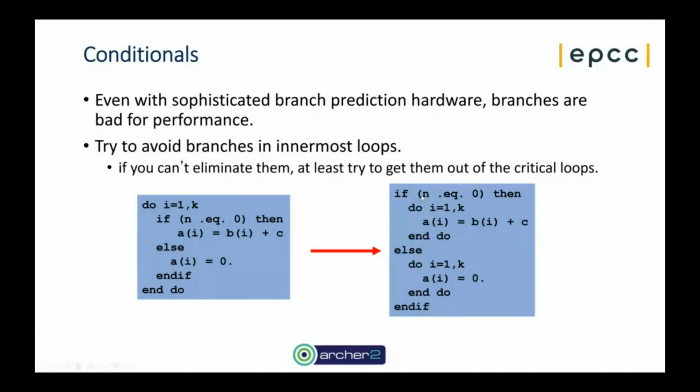But actually, if I duplicate the loop and pull this if statement outside the loop, then I only have to do this if statement once, and then the loop can run quite nicely. Of course, this is a pretty simple example, but that's the kind of idea you can do there, to try and move the conditionals. Now, compilers can do a little bit of this for you, but they struggle to move them a long way, or to reason about moving some of them out of the loops.